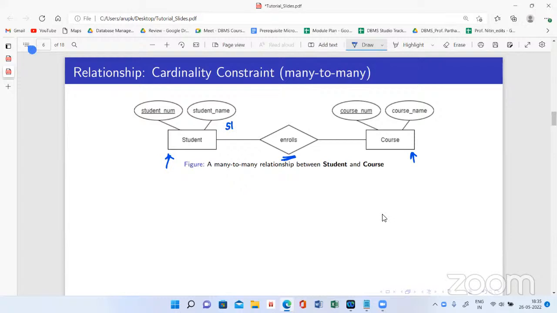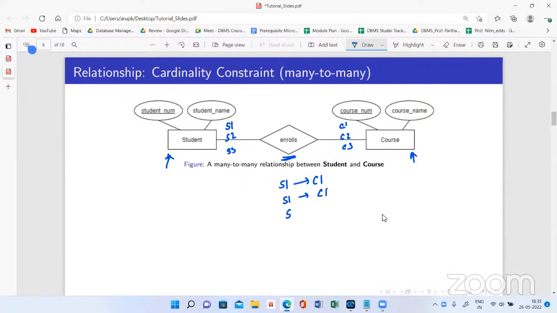I can have many entities, S1, S2, S3, and here I can have many courses, C1, C2, C3. It basically represents how they are mapped to each other. It represents a mapping, right? So I can say student S1 has gone for course C1, student S1 also took course C2.